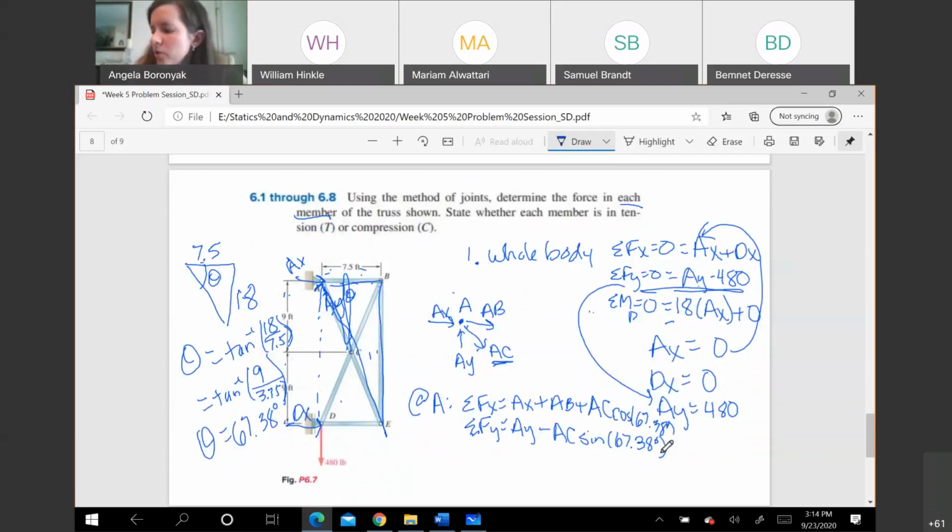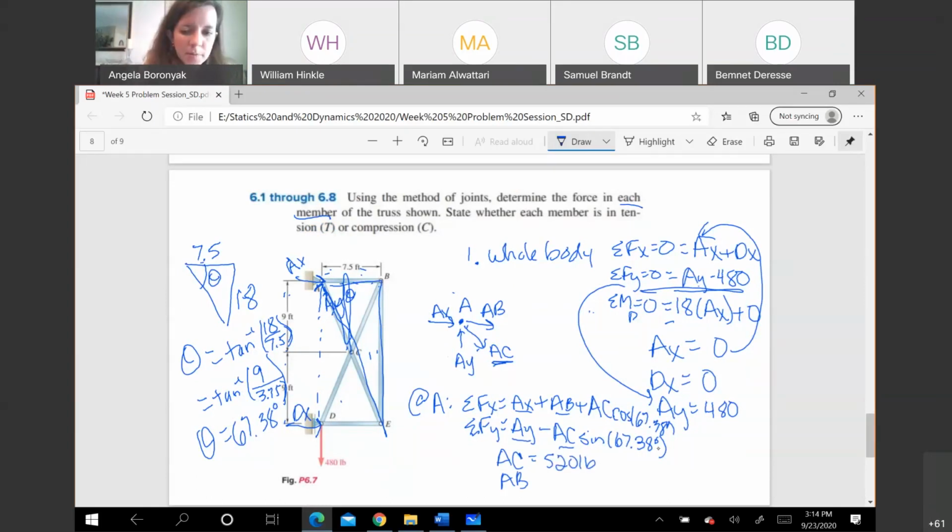Okay, so I could do that, and I could solve, since I already knew AX and AY. My only two variables are AB and AC. You can do that exercise at home if you want, but I'll go ahead and tell you what they are. So AC comes out to be 520 pounds.